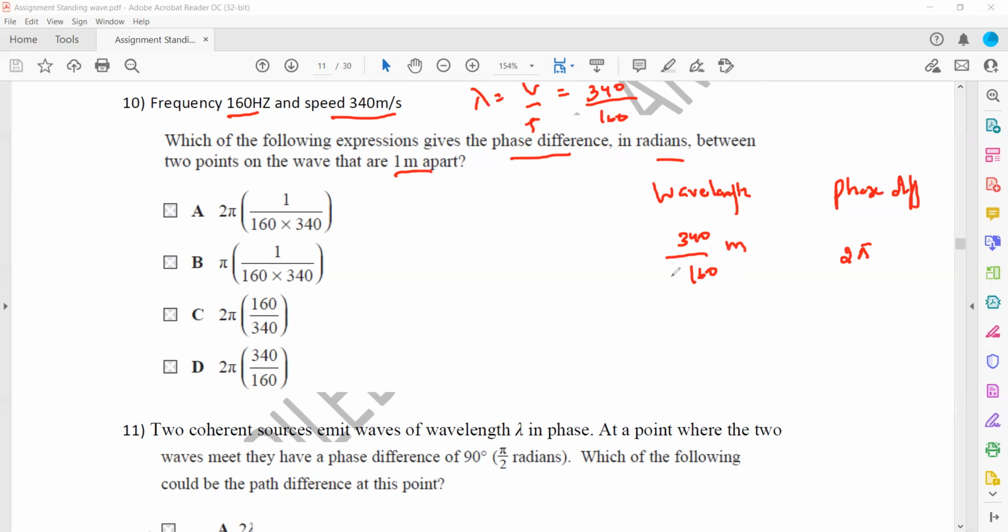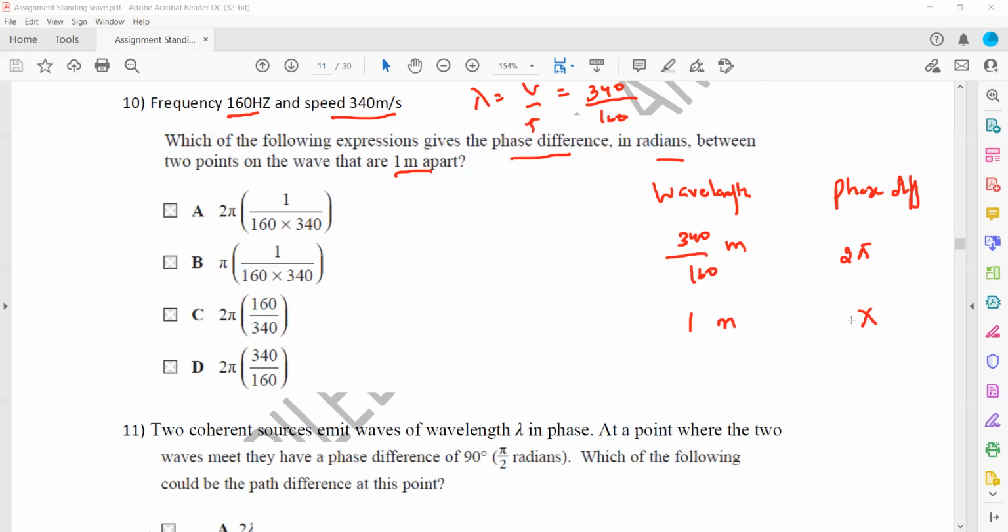Because they did not solve it in the options, I'm not solving it into decimal. I just write 340 by 160 is 2 pi radian. If we have 1 meter apart, it will be x radian.